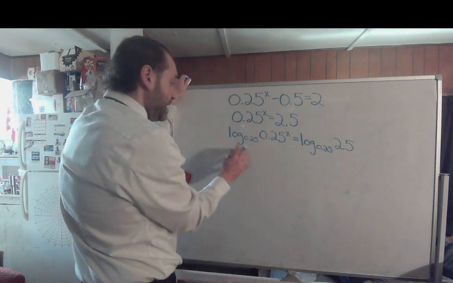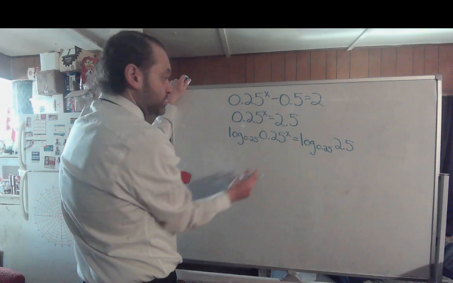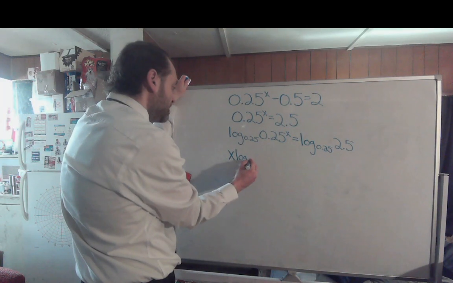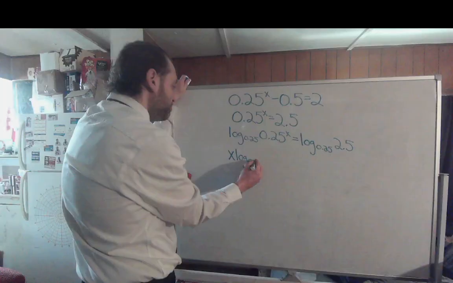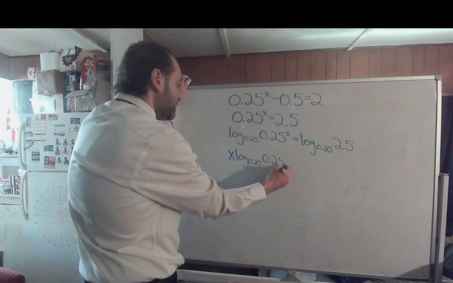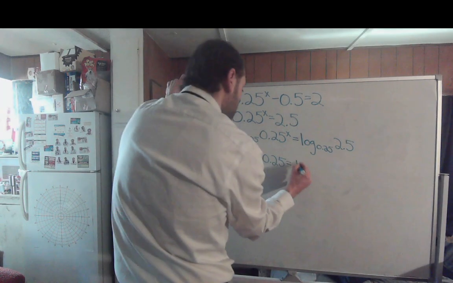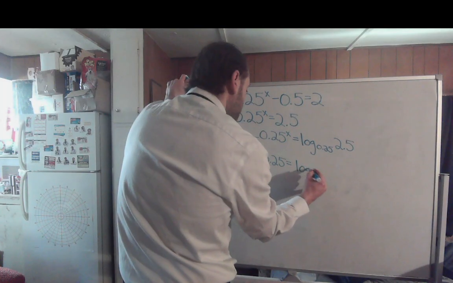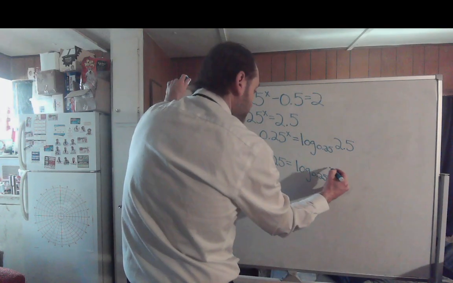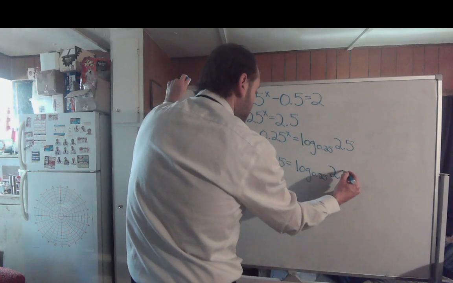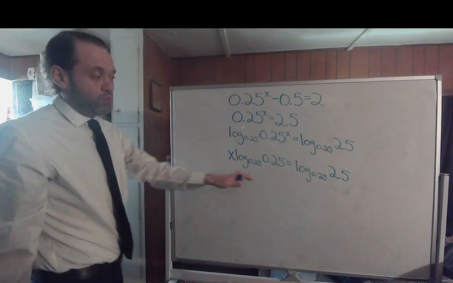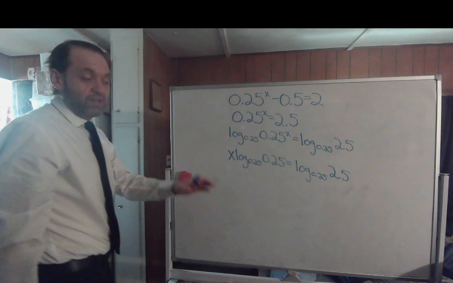Now the left side will turn into a power rule, so you'll have x times log base 0.25 of 0.25 equal to log base 0.25 of 2.5. Well, what is log base 0.25 of 0.25? That'd just be 1, right?